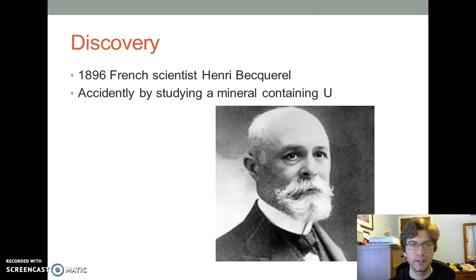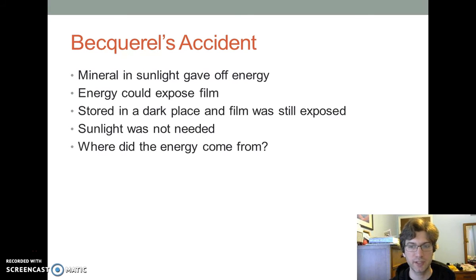Our hero of radioactivity is a man named Henri Becquerel, and just like many scientists, he accidentally discovered this. He was studying a mineral that contained uranium, and it developed photofilm. So this is his accident right here.